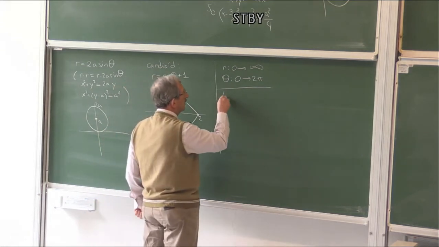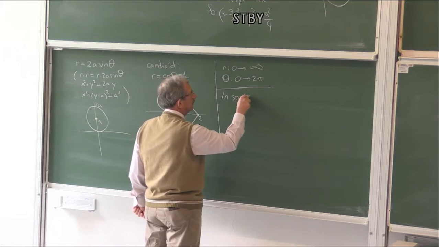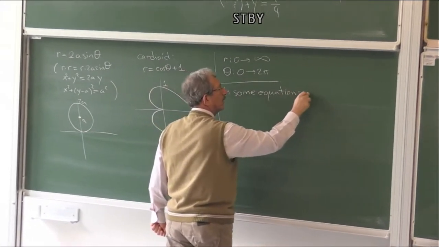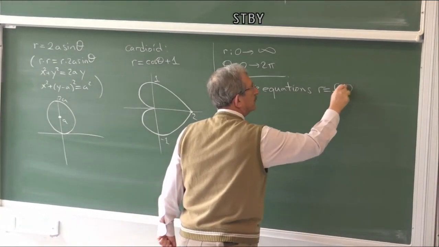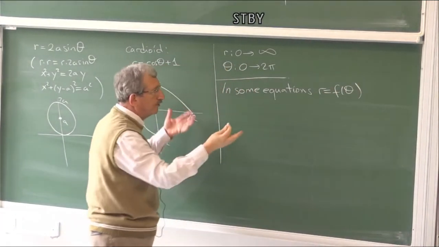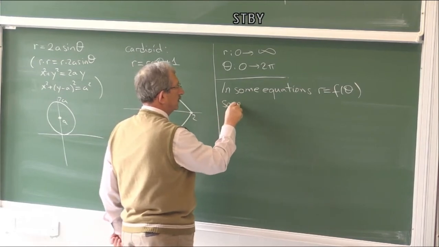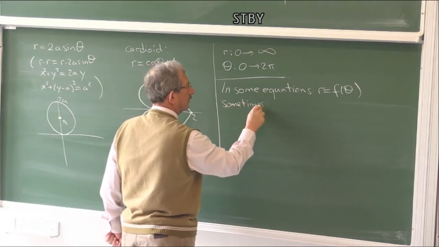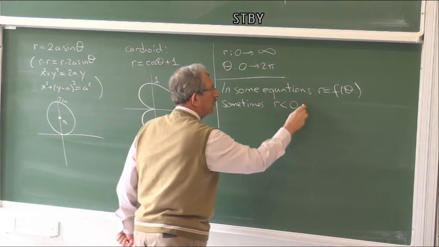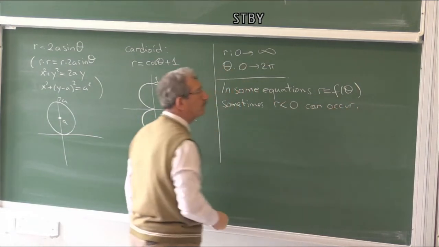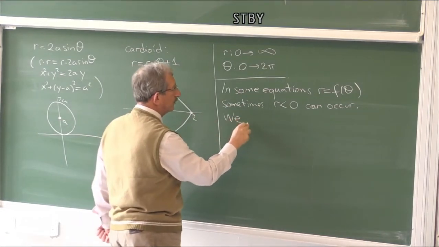Now, in some equations, r is f of theta, or functions, whatever, sometimes negative r can occur. Now we interpret this as follows.